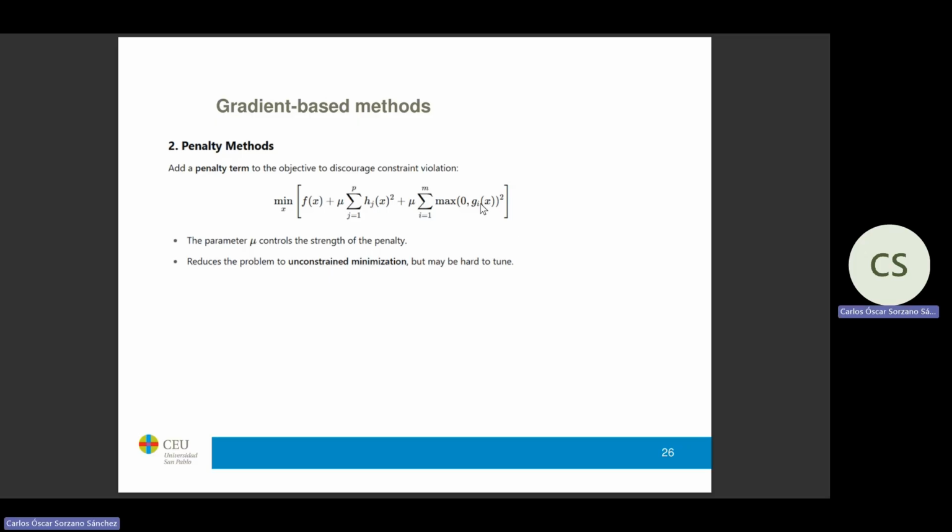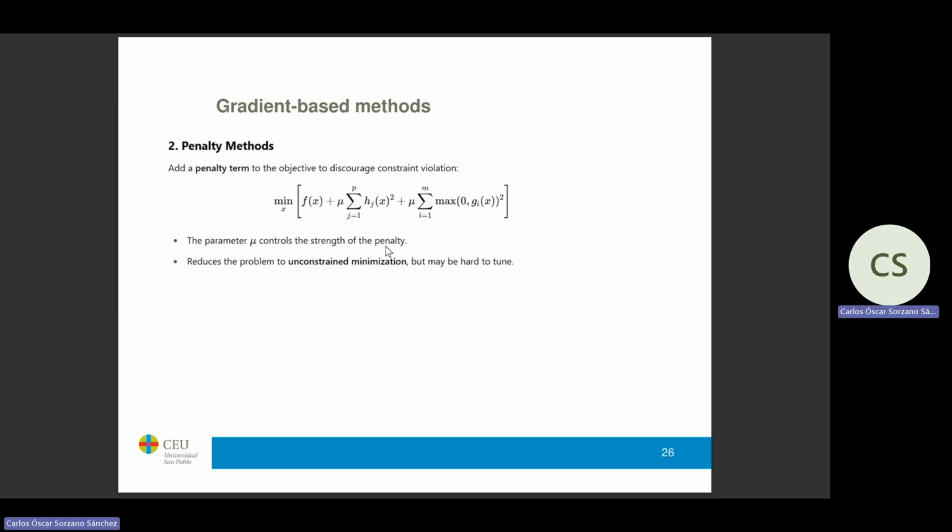So it will be the positive number. So we see that this is actually constraining the x to be on the side where it is not penalized. So the problem now is easier because it is unconstrained, but this mu may be hard to tune.